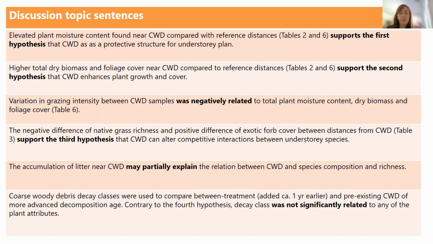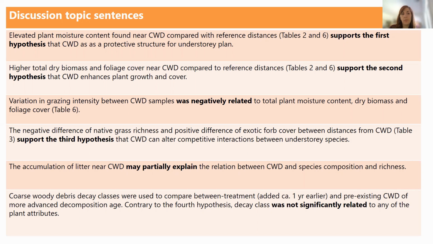As you can see, we've got the bolded words: their findings support their first hypothesis, and then their next findings, or another element of their findings, because it's from the same table, support the second hypothesis. Some more findings, their variation was negatively related.